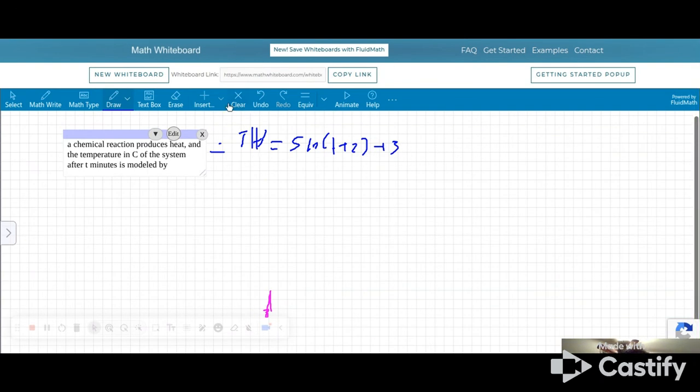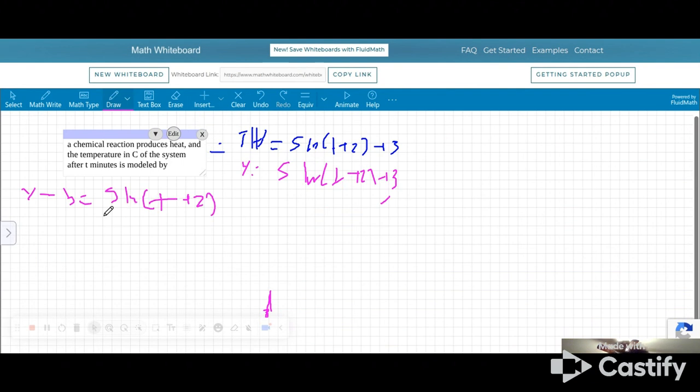This is going to become y. y is equal to 5 ln of t plus 2, plus 3. We're going to move that plus 3 over to the other side, so it's going to be y minus 3 is equal to 5 ln of t plus 2.